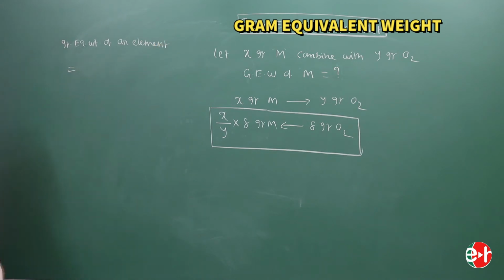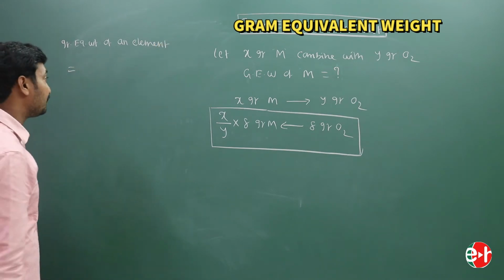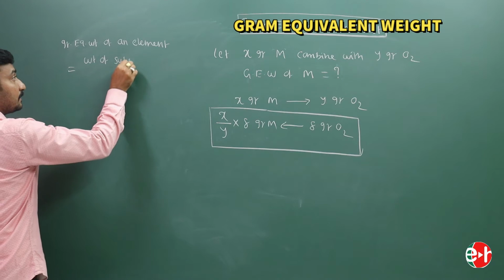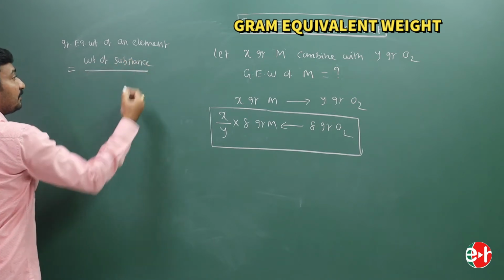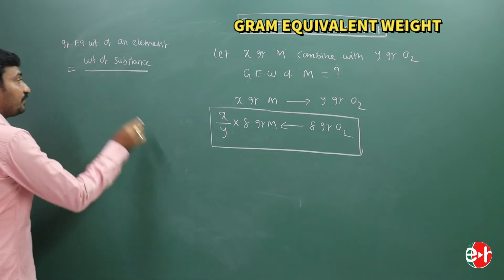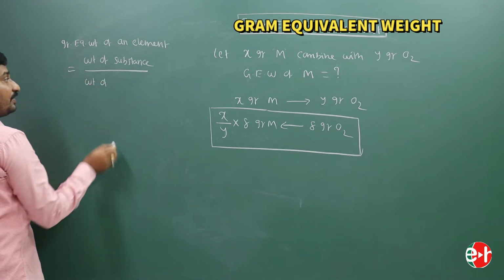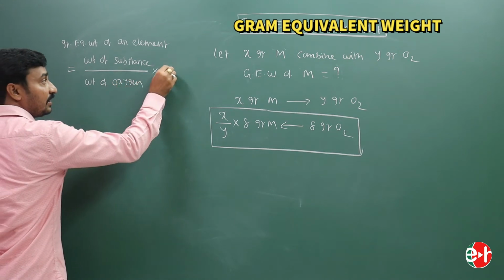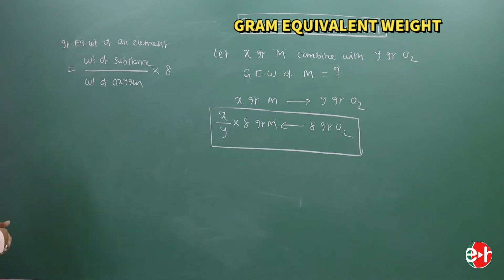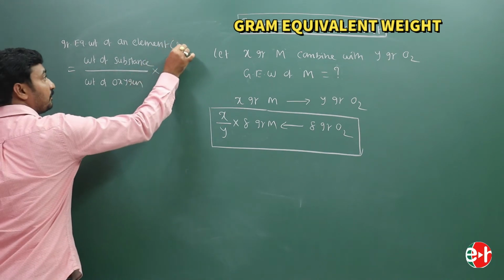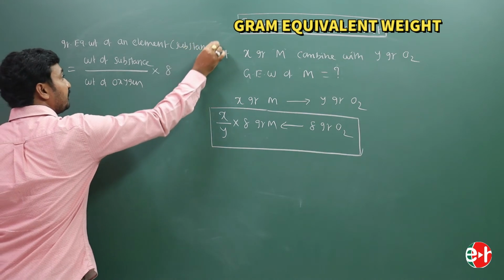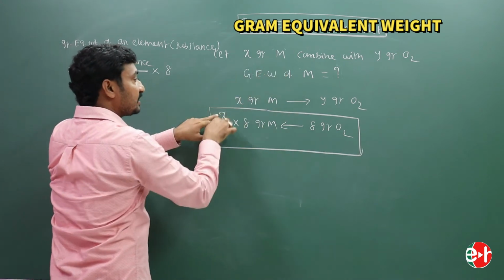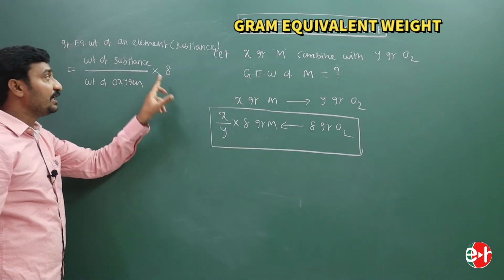Gram equivalent weight of an element is equal to weight of substance by weight of oxygen into 8. Gram equivalent weight of substance is equal to weight of substance. Here weight of substance M is X grams, weight of oxygen is Y, into 8.